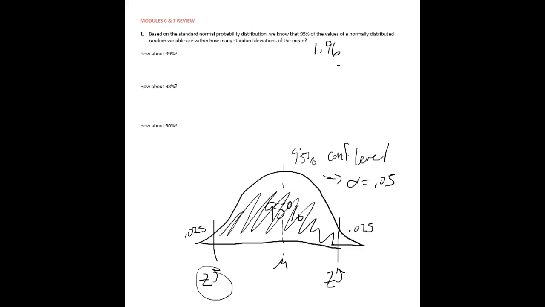All right, so we're going to do similar things for 99%. For 99%, we're going to look for 0.005. For 98%, look for 0.01, and for 90%, look for 0.05.